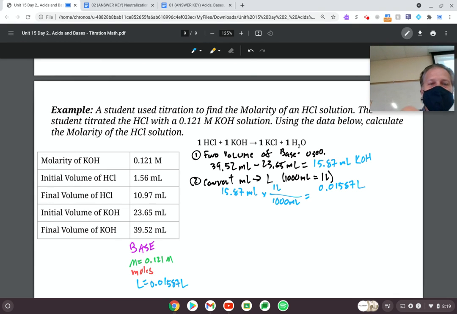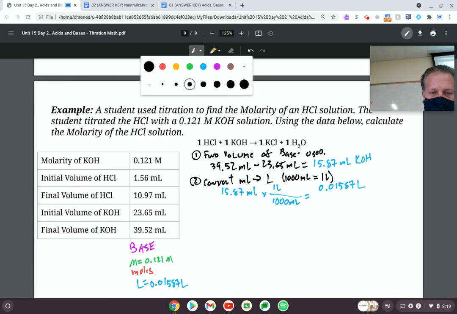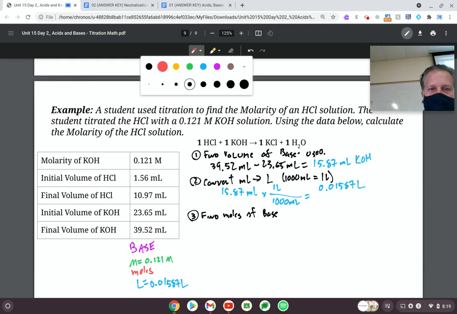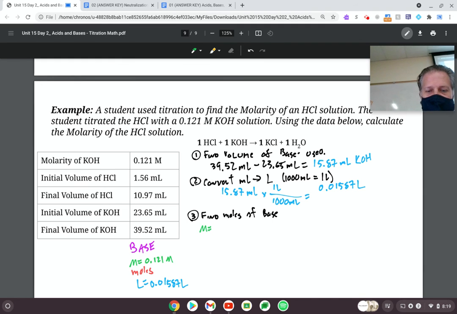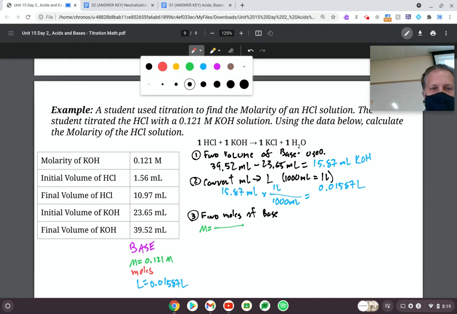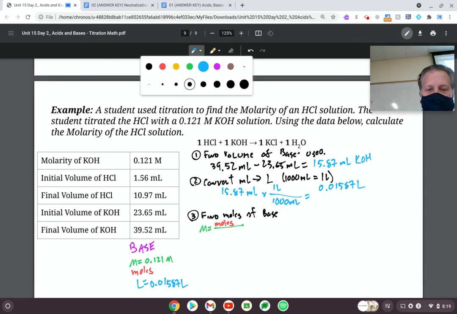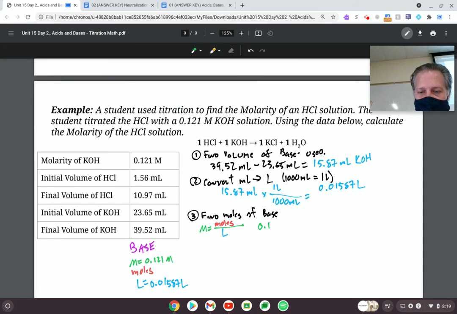So now my third step, step 3, will be to find moles of base. So we'll use our molarity formula. Molarity is equal to moles over liters. We know the molarity of the base is 0.121 molar.